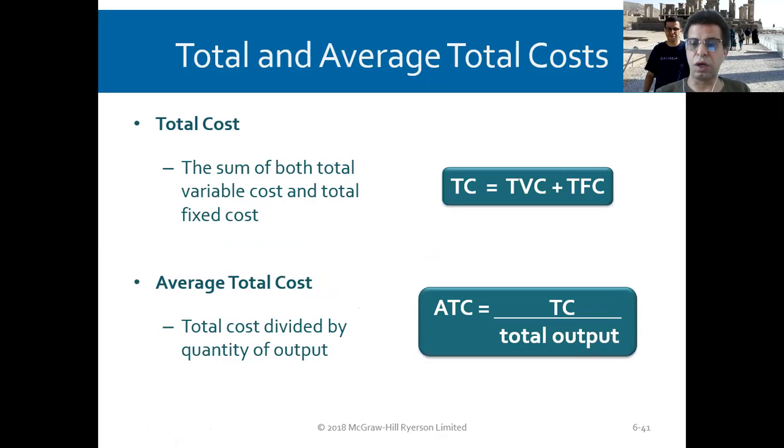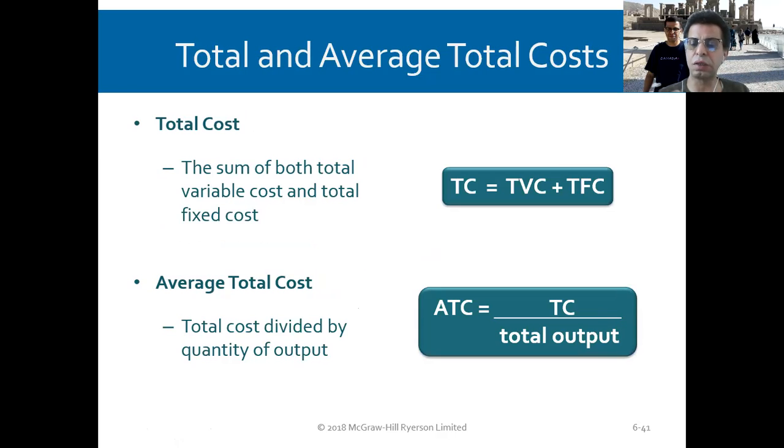To get the total cost, we know that it is the total fixed cost plus the total variable cost. So your fixed cost is your place and the cooking equipment that you have to buy, whether you're going to cook or not.